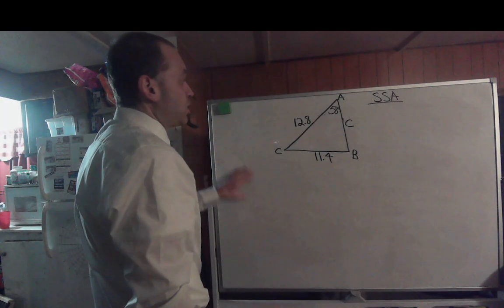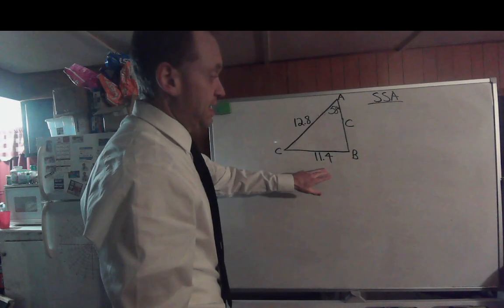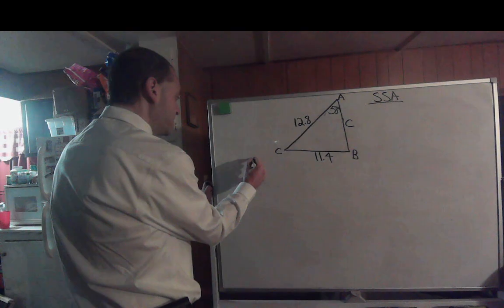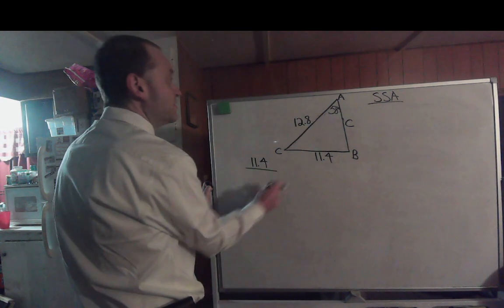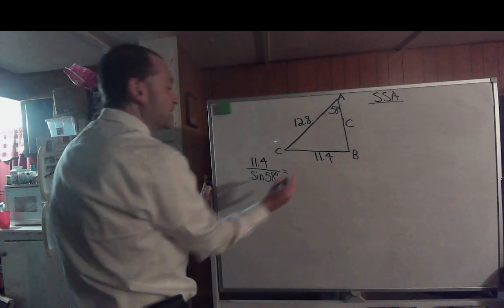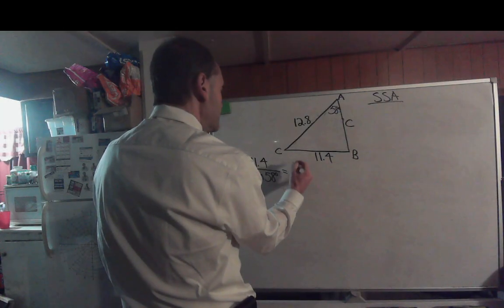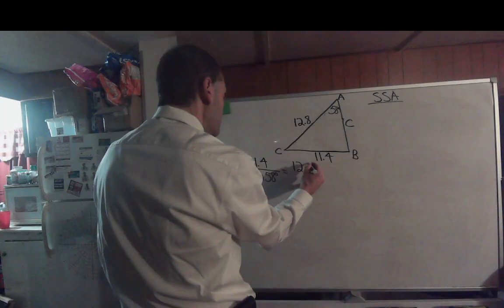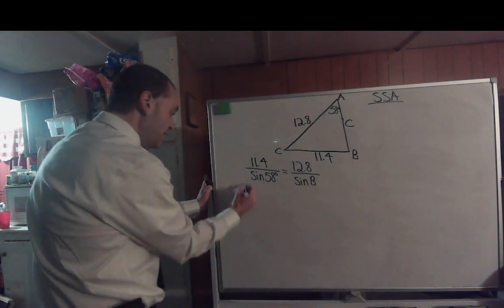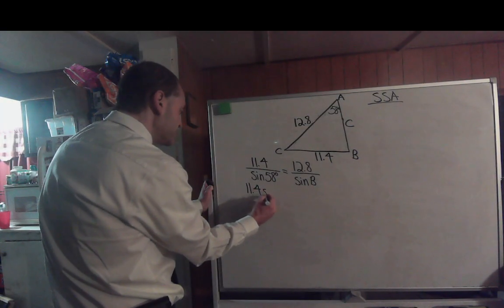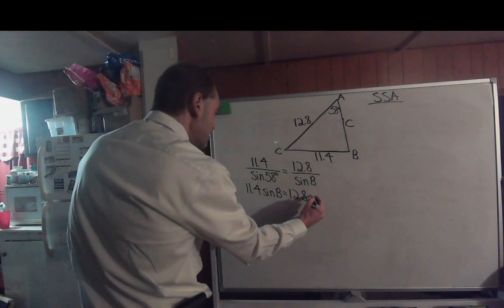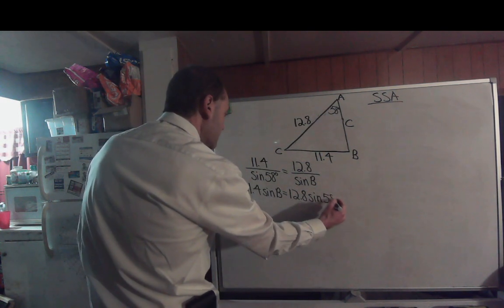Let's see. We know both angle A and side A. We only know side B, so that means we should first seek angle B. So we can take that 11.4 for the length of side A, divide that by the sine of angle A, which is 58 degrees, set that equal to then that length of 12.8 for B all over the sine of B. So that means 11.4 times the sine of B is equal to 12.8 times the sine of 58 degrees.